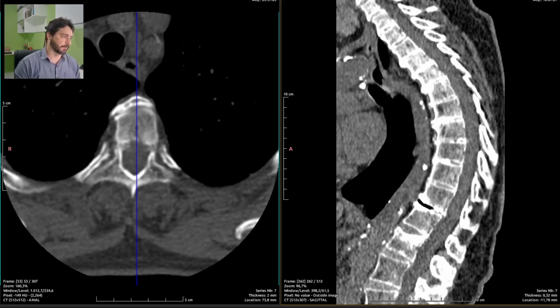Oh, and there is a fracture. Acute fracture and partial collapse.